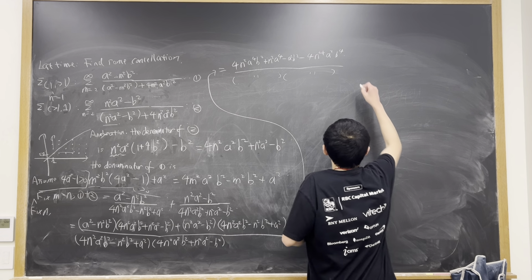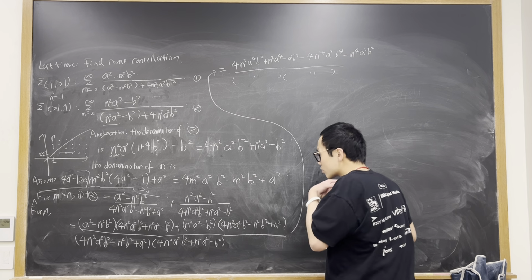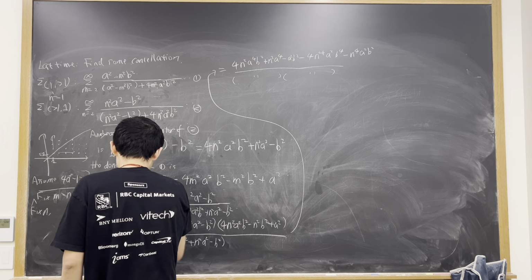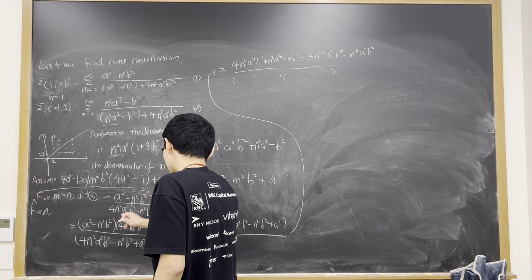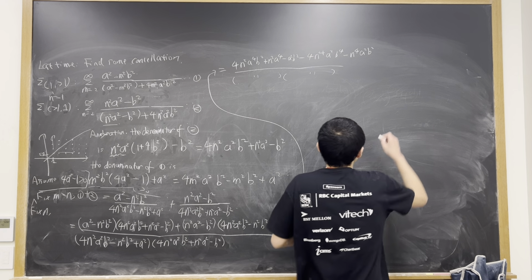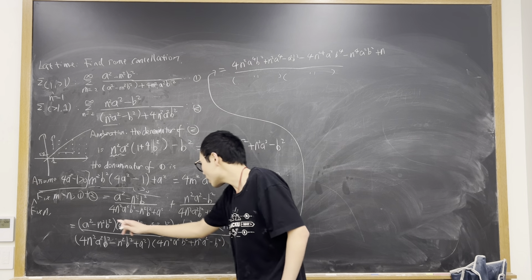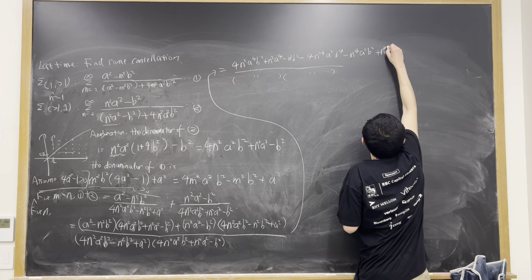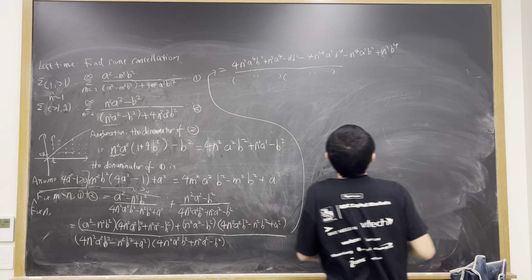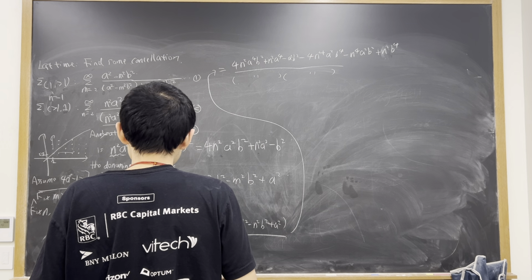So minus n to the fourth power a to the fourth power a squared b squared. And then plus n squared b to the fourth power.